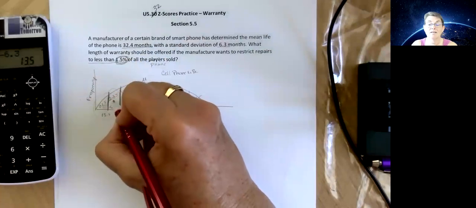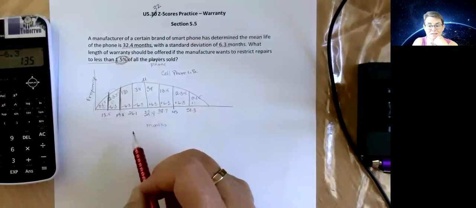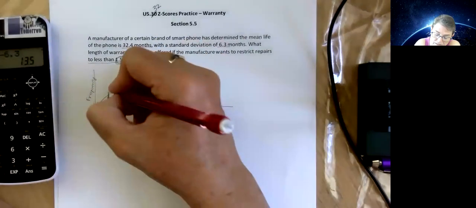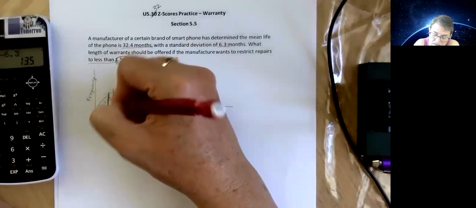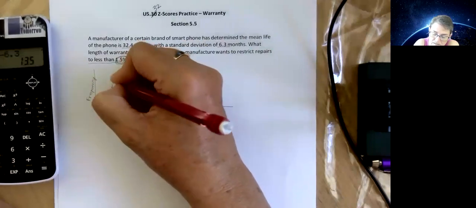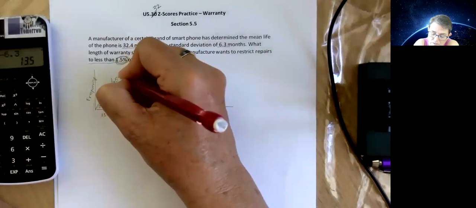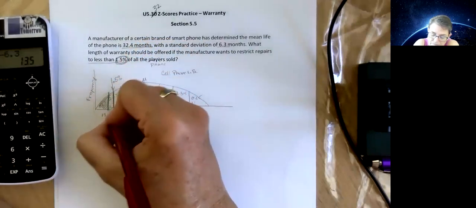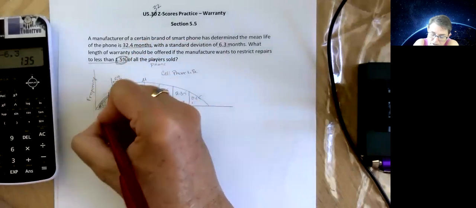If you add these together, that's 2.5%. So somewhere in between, and I'm just making a guess, 1.5%. So I want this part to be the ones I replace.